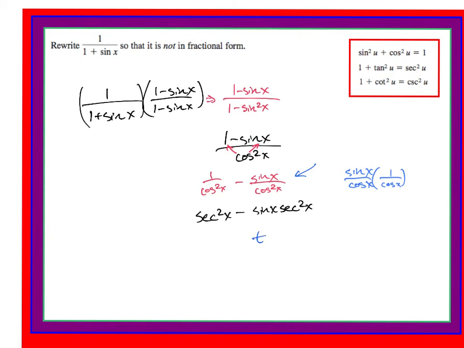So I'd have tangent x times secant x, and then I still have secant squared x. These two are the same thing, either one of them in fractional form. So if it's a free response, I can accept both of those answers. Are you following me?